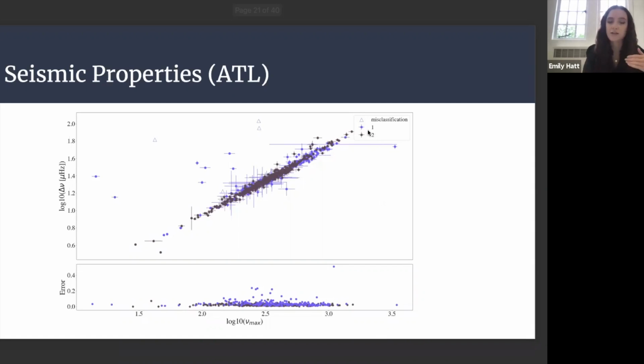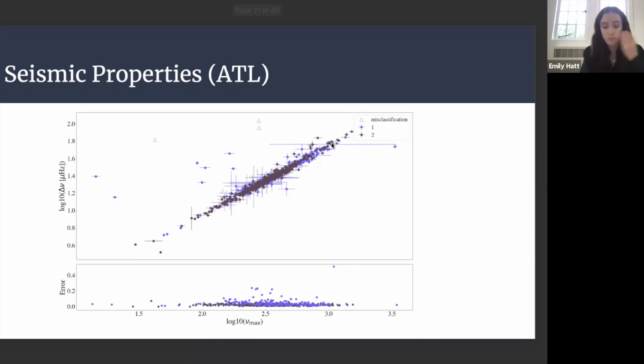The lighter is stars where there was just one response, and then the darker is where both modules flagged. So you can see, as you'd expect, stars where both modules flag seem to follow that relation the tightest. Of course, these are the clearest detections of solar type oscillators, so that's not surprising. And then you can see there's a larger scatter on the stars where they only flag a response in one module, and in a lot of cases the uncertainties are larger.